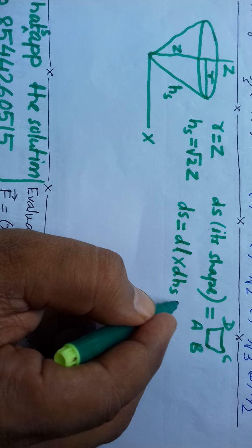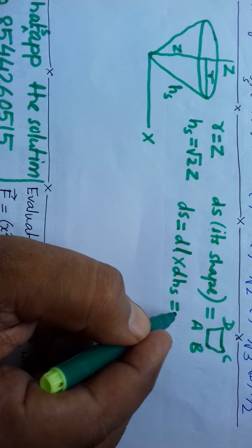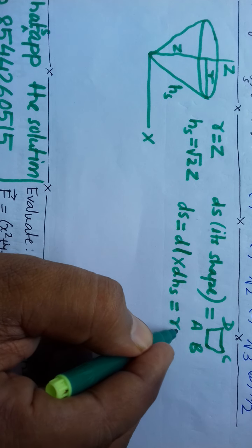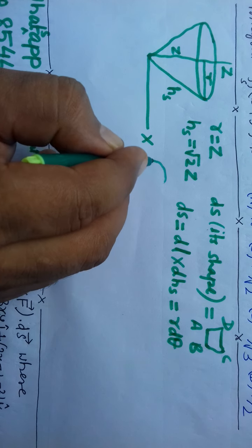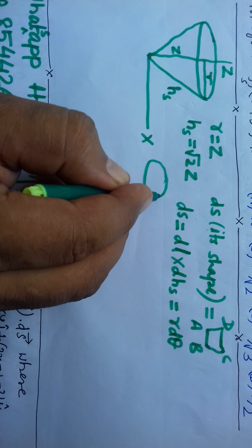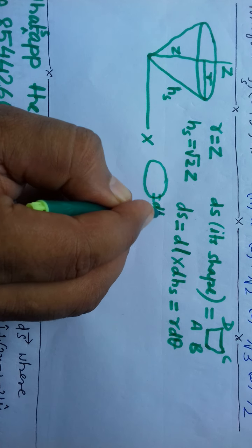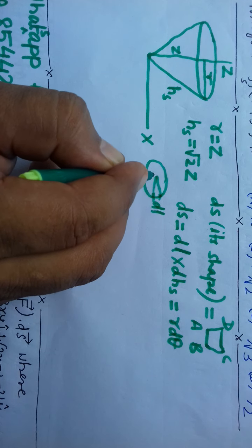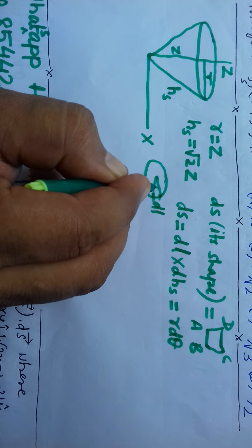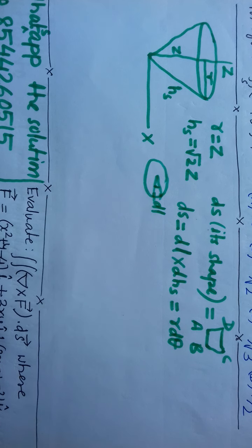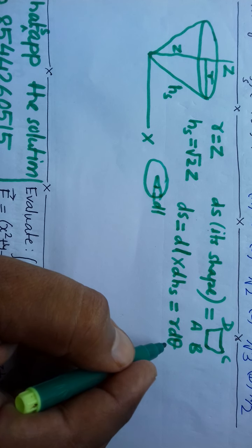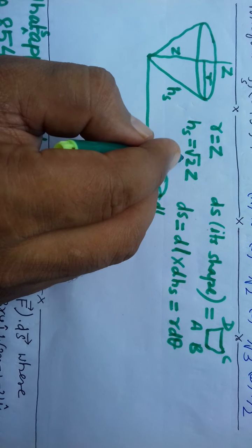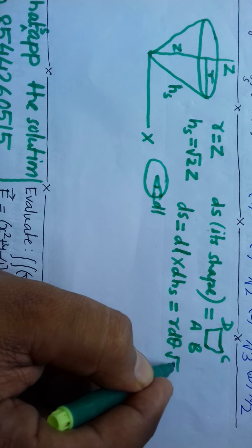So dL will be equal to r d theta, because if you take a circle, then this dL will be the radius r and this d theta. So dL will be r d theta and dHS from here will be root 2 dz.